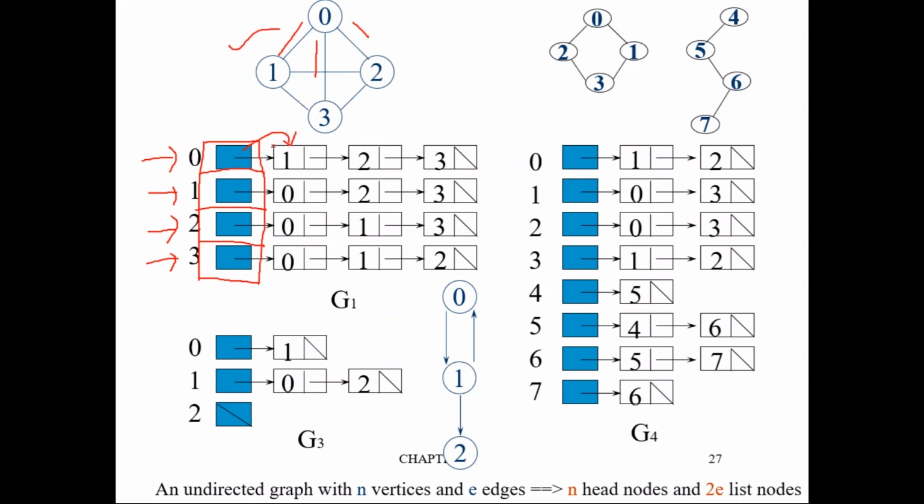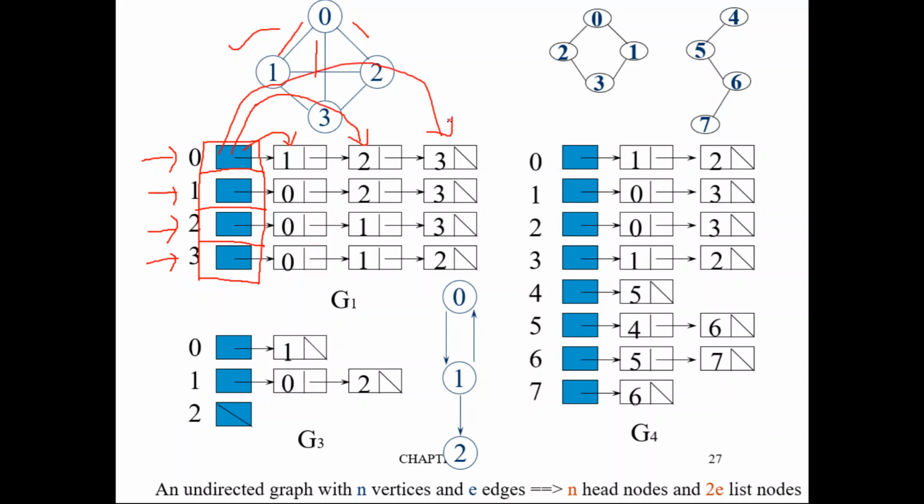Our understanding is, 0 to 1 we have a pointer; everything is connected with this node 0 only. 0 to 2 we have a pointer. Are you getting it? Because here we have only one pointer, so it looks like 1 is pointing to 2 and 2 is pointing to 3, but in reality 0 is pointing to 3.